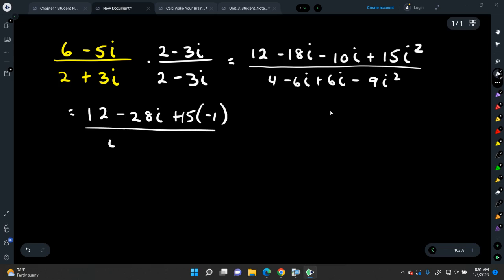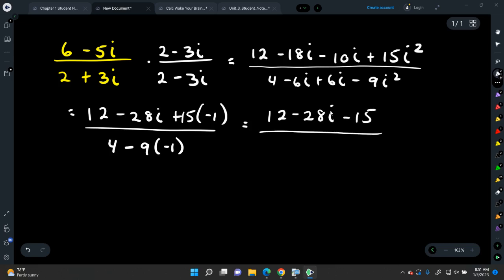And down here we have 4 minus 9 times negative 1. So that's 12 minus 28i minus 15 over 4 plus 9.